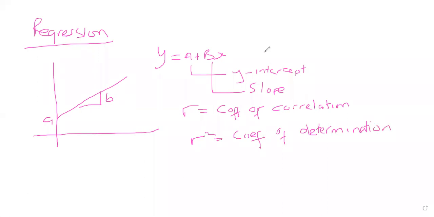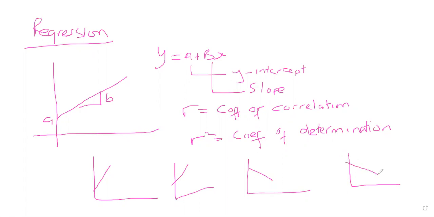Now, you must understand that when you're dealing with regression, the relationships that exist could either be positive and strong, or negative and weak. So how do we know that they are positive? When your R is positive.